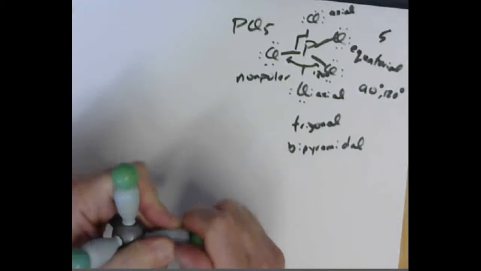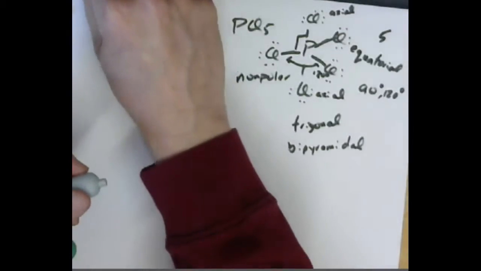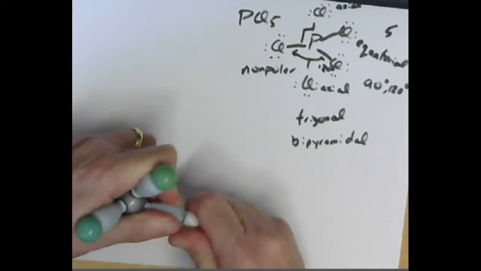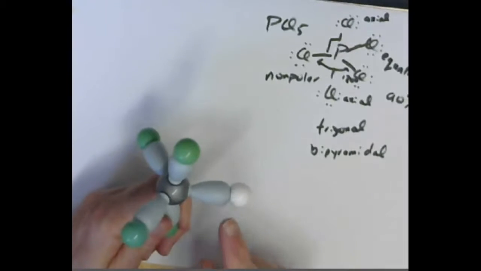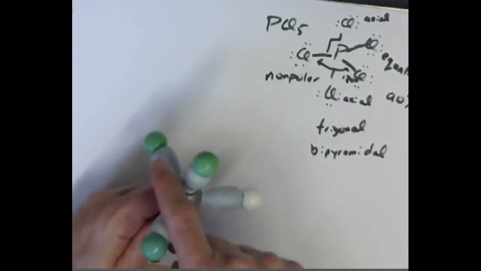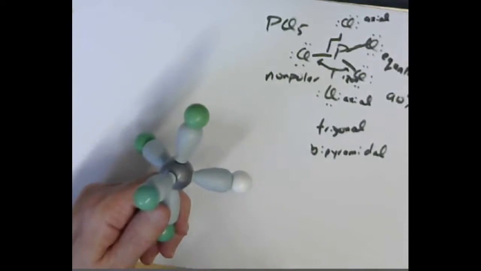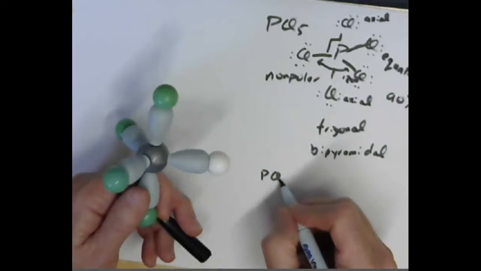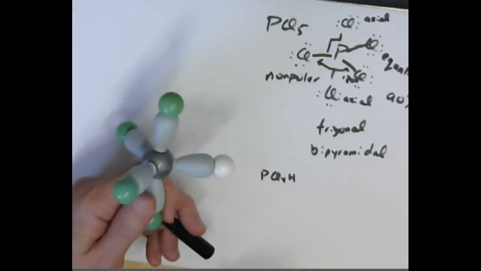Now we could do a substitution reaction and maybe stick a hydrogen somewhere, be it either on an equatorial position or on an axial position. In which case, yes, the axials would cancel out, the equatorials would not. And so this molecule would wind up being a polar molecule. So what I've now drawn is PCl4H, we could call it.